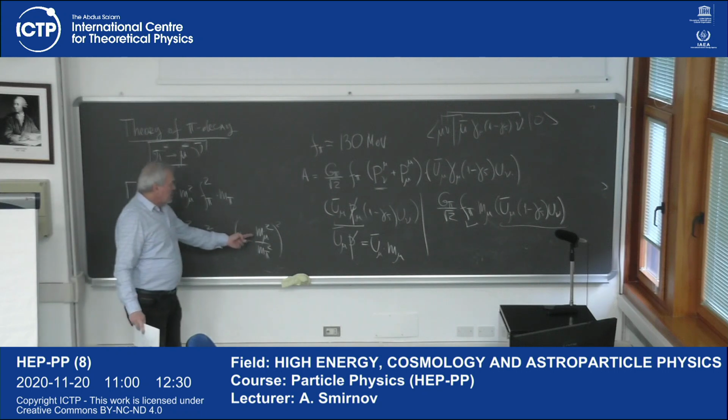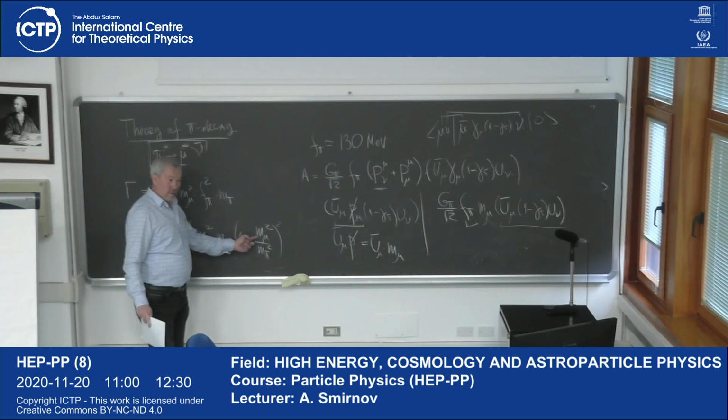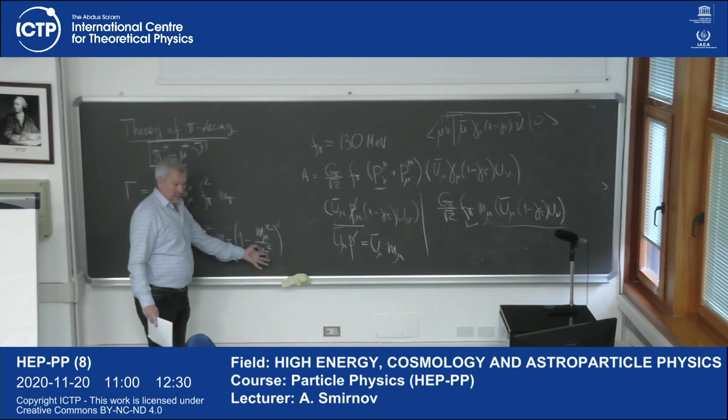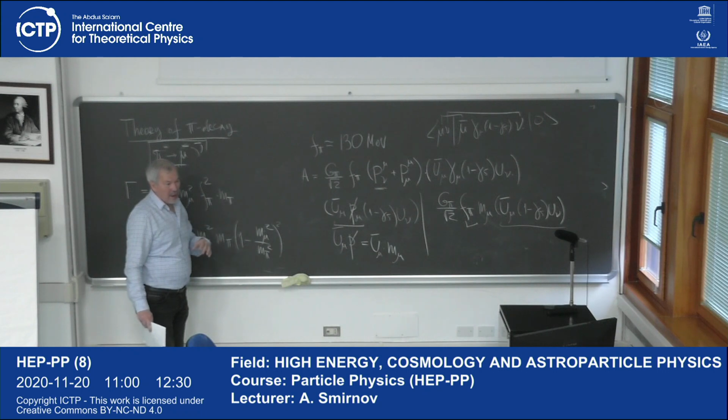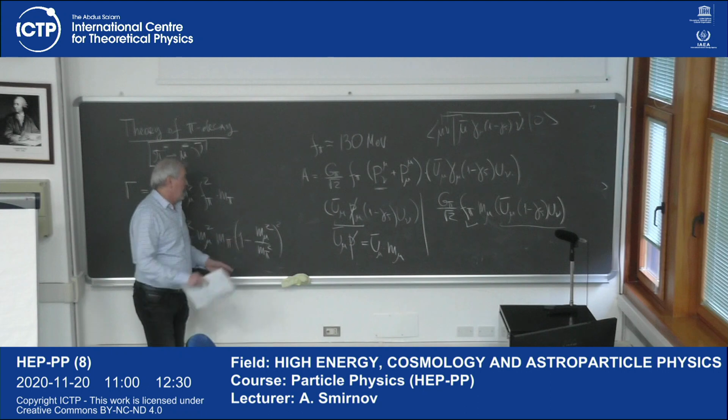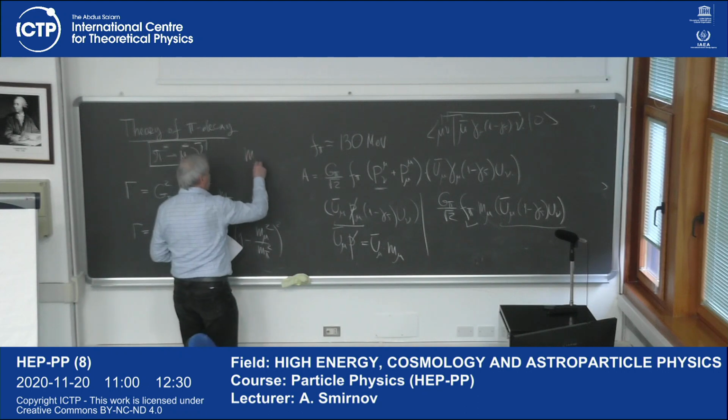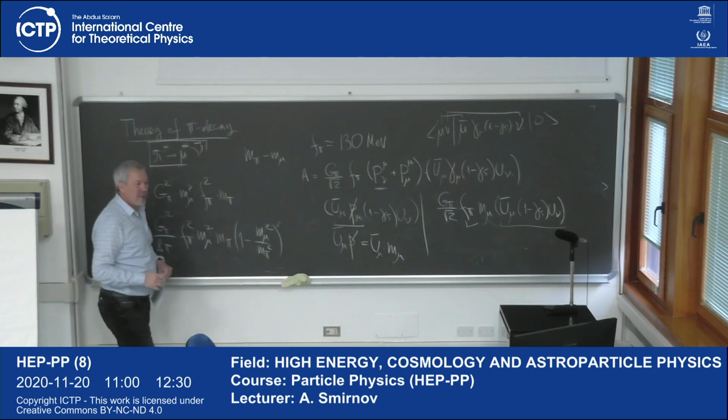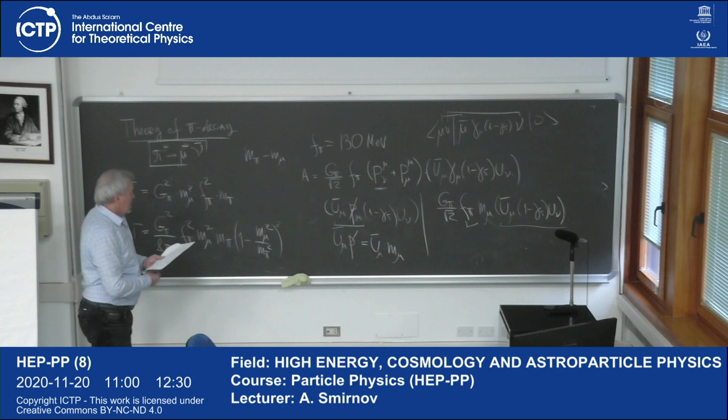So, if the mass of the muon is very small, then this is just 1. This factor appears because the energy release is not the mass of the pion, and when we do integration over momenta of the particles, of course the free momenta are reduced when we subtract m_pi minus m_mu, because this is not available for the momenta of the final particles.